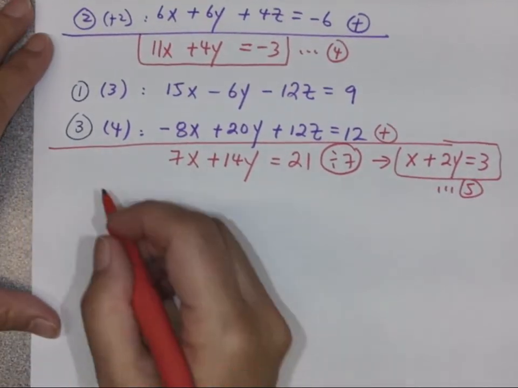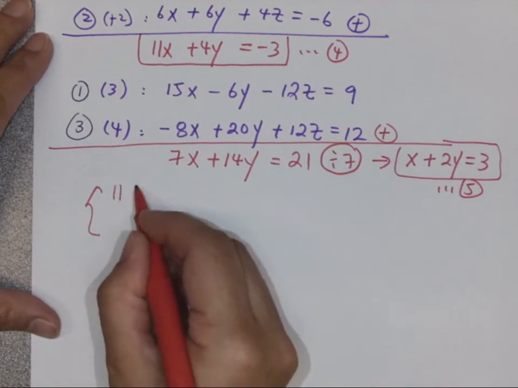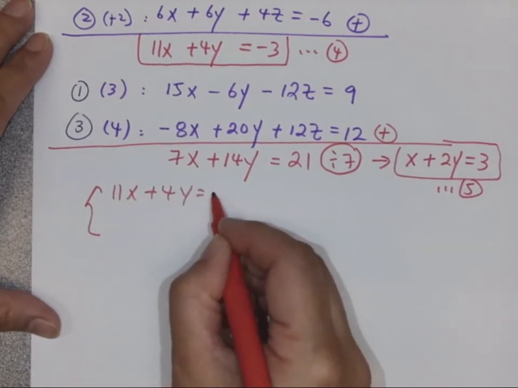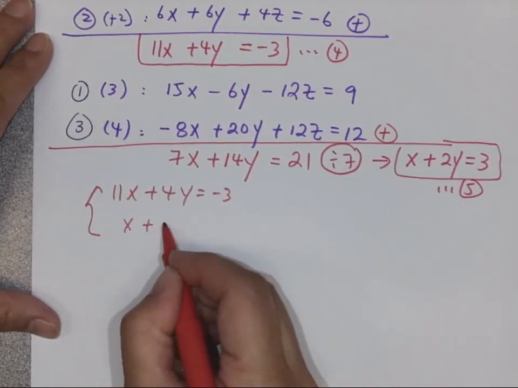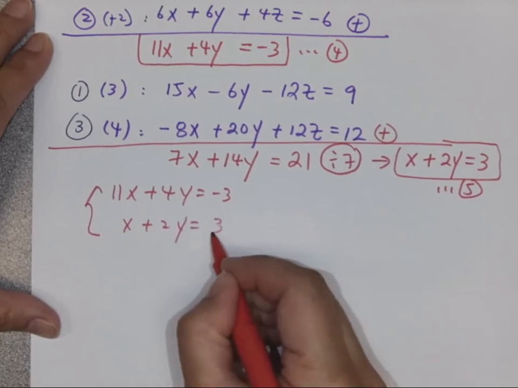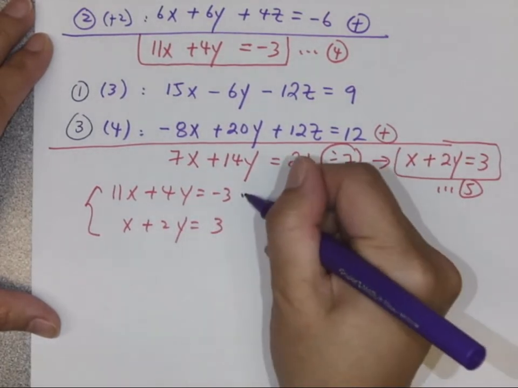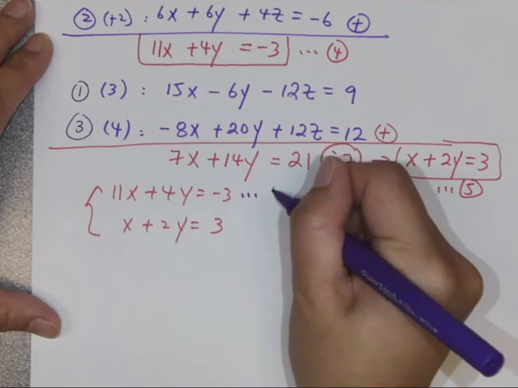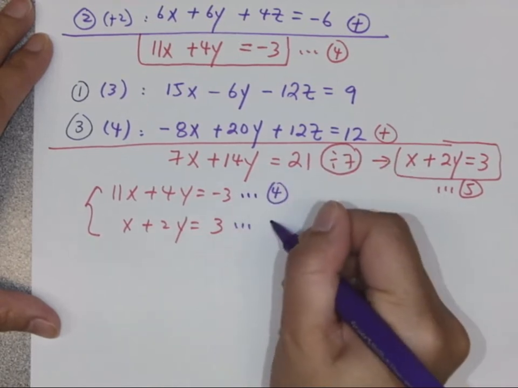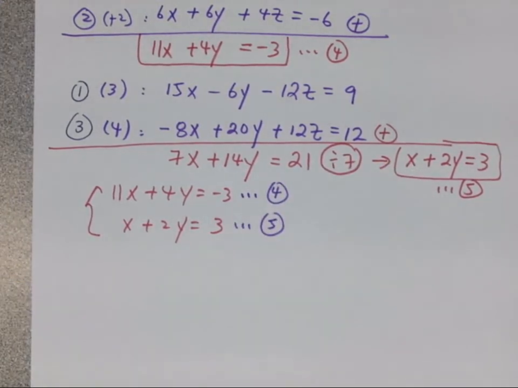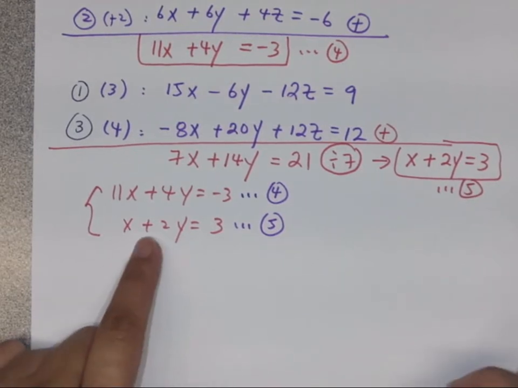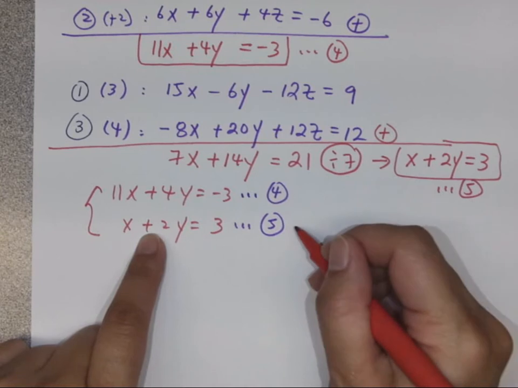All right, so now I have equations 4 and 5. 11x plus 4y equal to negative 3. x plus 2y equal to 3, right? So this is similar to the 5.1 questions. There are two equations with two of the same variable, right? So this will make things a little bit easier. We can solve that by multiplying equation 5 by what? Negative 2.